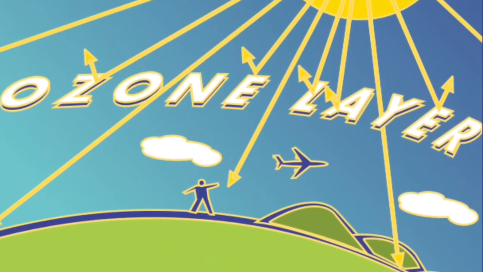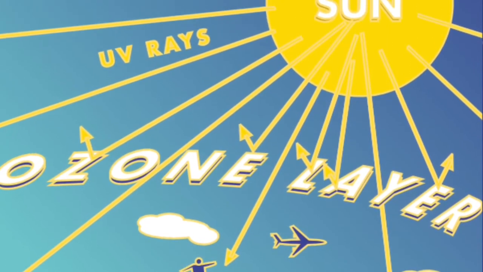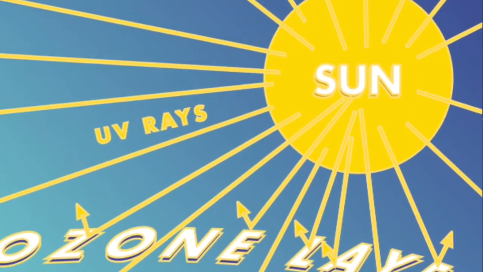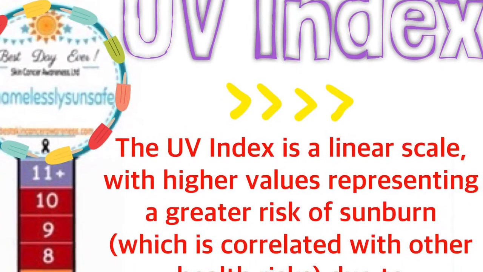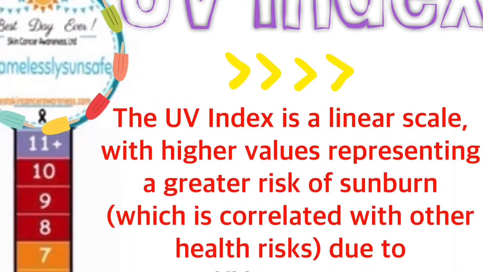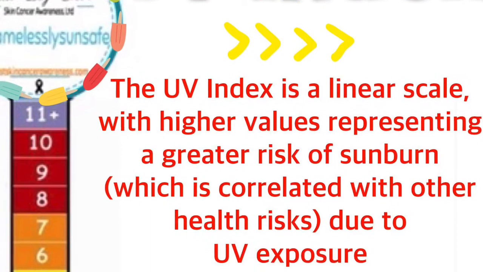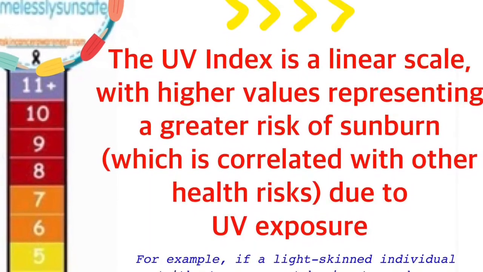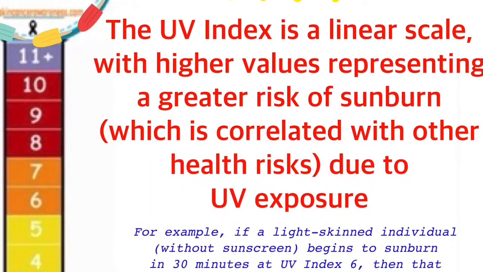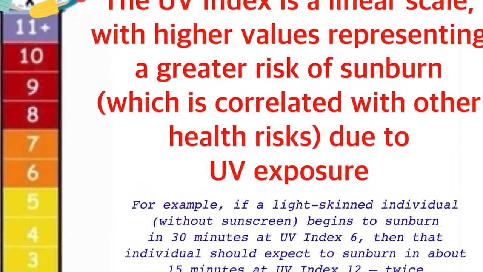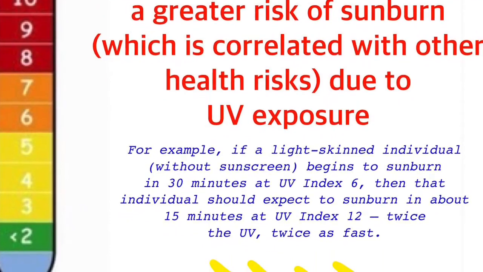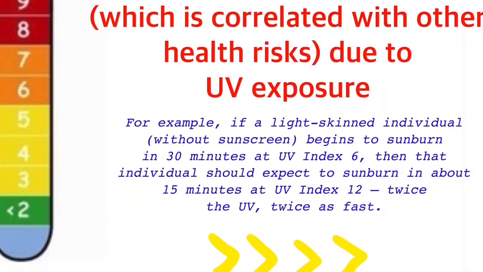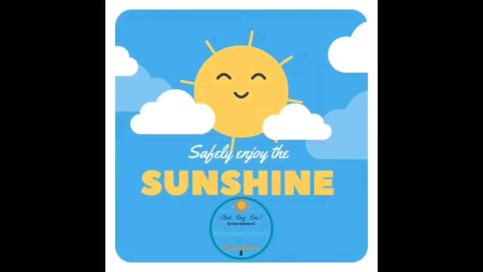Before I go any further, I have to tell you there is a way that we measure how much UV radiation we get here on Earth. The UV index was designed to help you make informed decisions about how much time you should spend in the sun and what protection you should use.